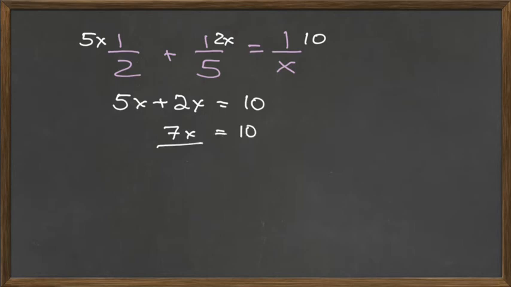Divide by 7. 10 divided by 7 is 1 point, so approximately 1.4 hours. Work together, you get it done way faster. Okay. Just wanted to point that out one more time.